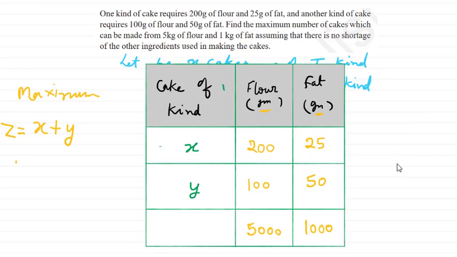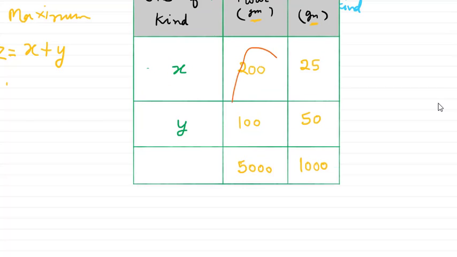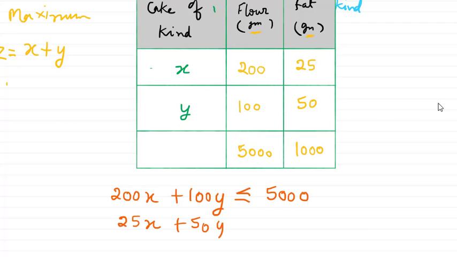Now we will make the equations from this. So here we can write the first constraint as 200x plus 100y less than or equal to 5000, because we can't take more than 5000, but we can take less than 5000 also, no worries. And then the second constraint we will get from 25x plus 50y less than or equal to 1000.